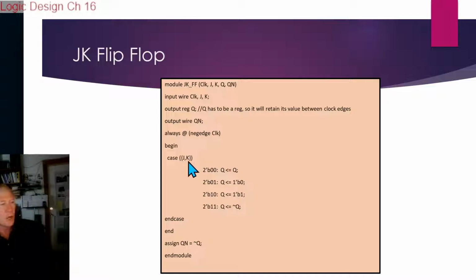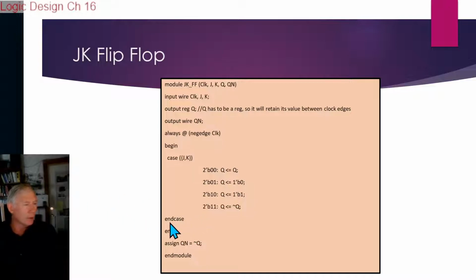If J is 1 and K is 0, as in here, we set the flip-flop. And if they're both 1, we toggle it. We set Q equal to the bitwise inverse of Q. You could also use the logical. Whenever you're dealing with a single bit, the logical and bitwise are the same. So that's okay. All right.